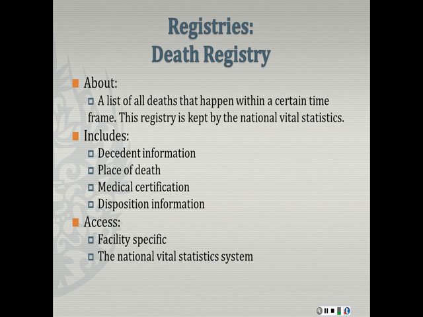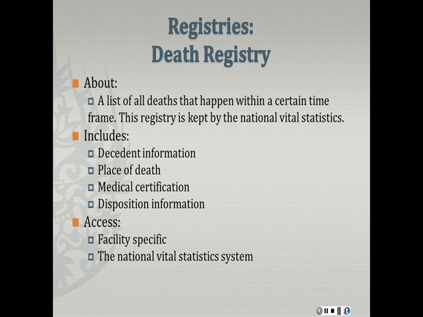Now, the death registry. Now, this is a list of all the deaths, like the birth registry, only this has to do with death. So it is a list of all the deaths that have happened within a certain amount of time. And it is kept by the National Vital Statistics. It includes decedent information, place of death, medical certification, and the disposition information.